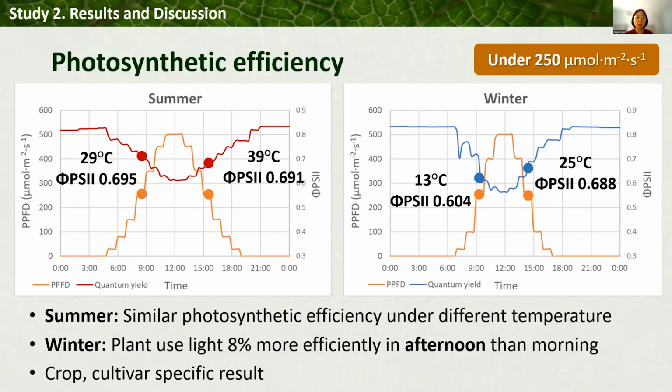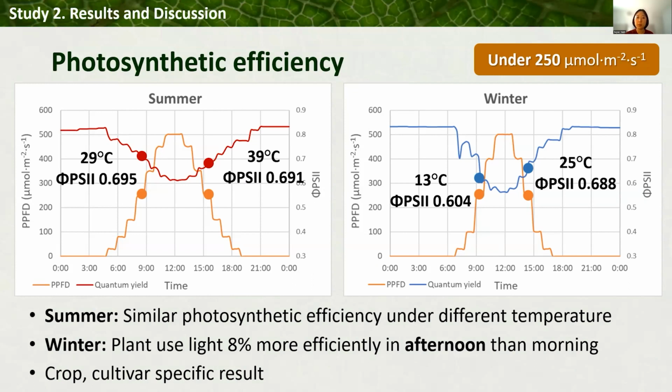So the fact that I want to emphasize in this experiment is that we have to consider not only the light intensity, but also the temperature. So for example, if you want to grow a cold sensitive crop and provide the same light amount in the early morning and afternoon, in reality the plants are not using the light with the same light use efficiency.